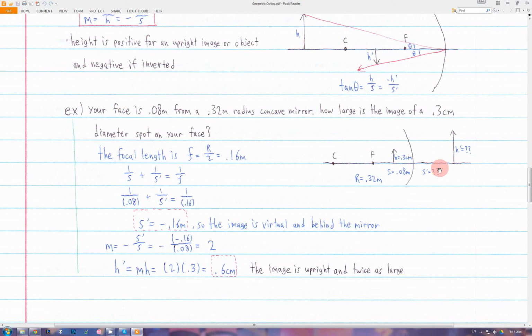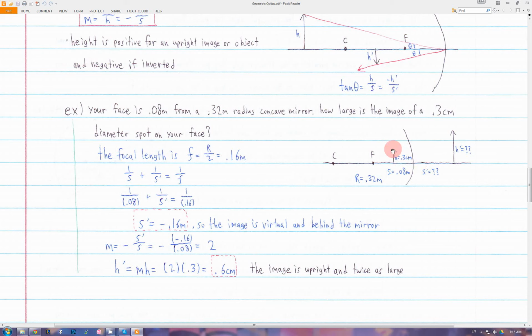Now, of course, you don't have to memorize all these different cases, like for a concave mirror, if the object is in front of the focal point, then it's going to be a virtual image, and so on. What you can do, if you didn't know, is draw a ray diagram. So remember the easy rays for a concave mirror. One ray is parallel, then it reflects back through the focal point, and if a ray hits the vertex, it's reflected back at the same angle that it hits the vertex at.